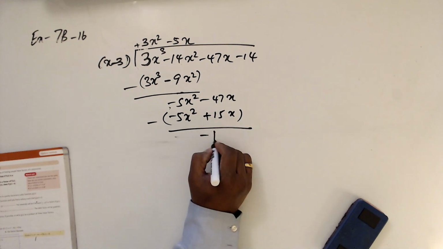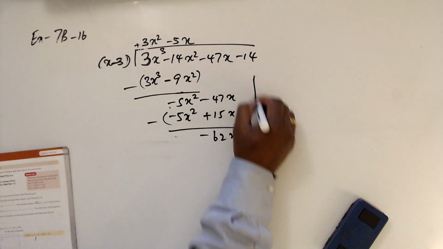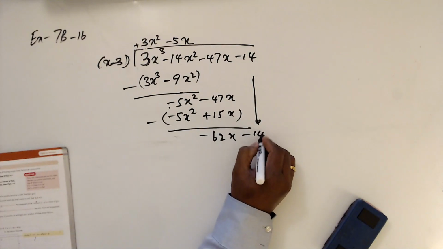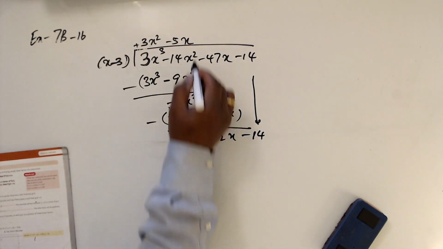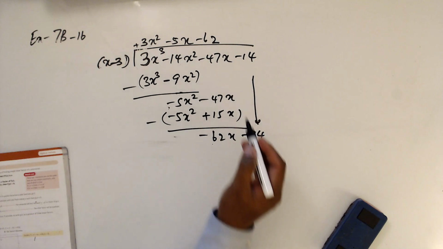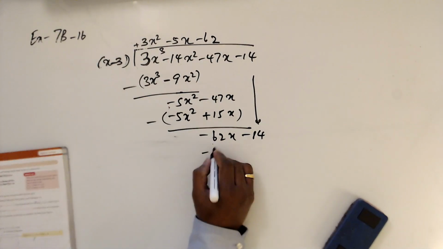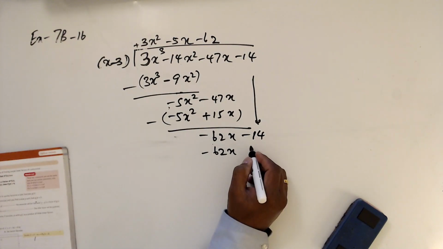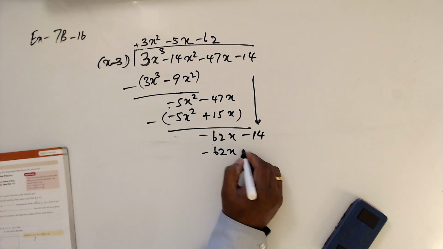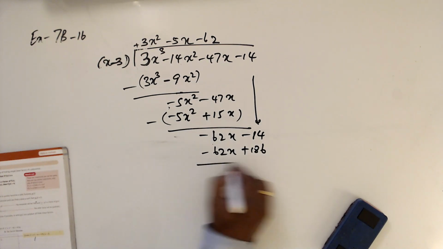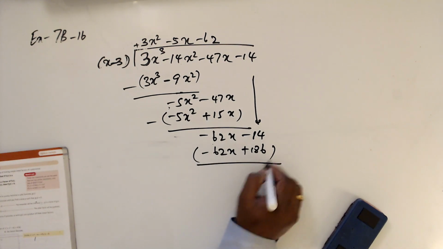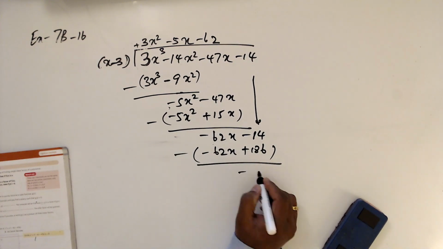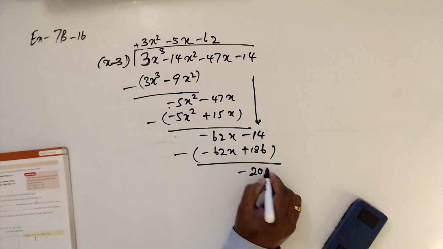This is going to be 62x, and bring minus 14 down now. I need a minus 62x, plus 186. So I want to minus this one, and this is going to be minus 200.